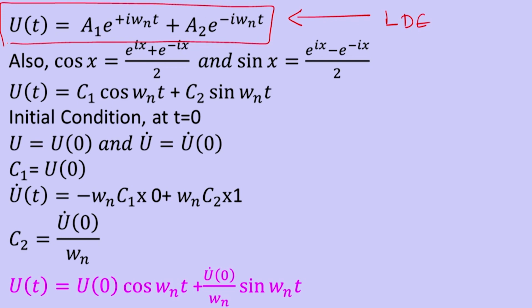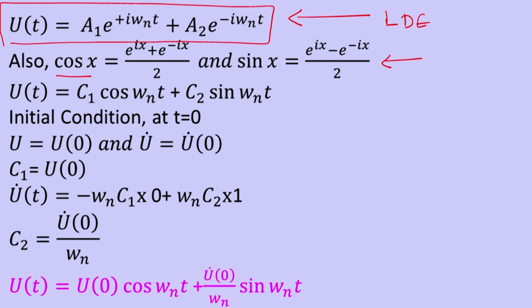So there we use the trigonometric functions, where cos x can be represented in the form of exponential terms, that is e to the power of ix plus e to the power of minus ix by 2, and sin x can be represented as e to the power of ix minus e to the power of minus ix by 2.